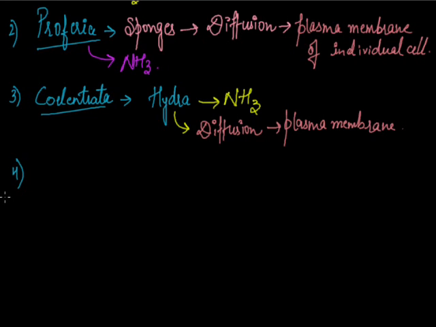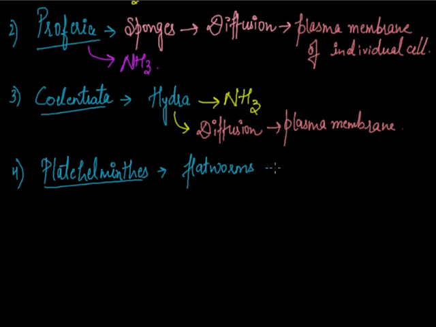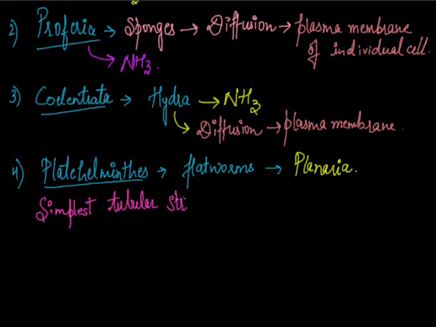Now the next one is platyhelminthes, also known as flatworms. A very good example of platyhelminthes is planaria. They excrete their waste through the simplest tubular structure called protonephridia with flame cells.